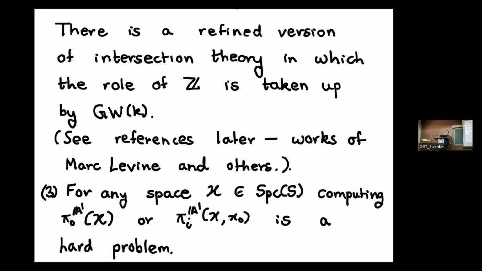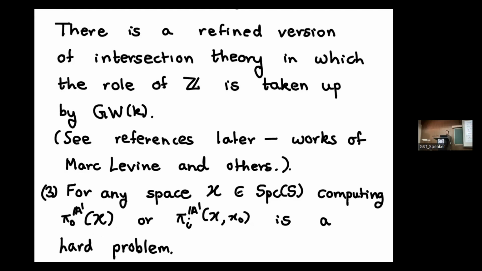And primarily the reason why it's a hard problem is because you are taking a space and writing its A1 fibrant approximation. And the A1 fibrant approximation functor is too complicated. It's impossible to do any real calculations with it. So normally what people do is calculations with some kind of indirect technique.